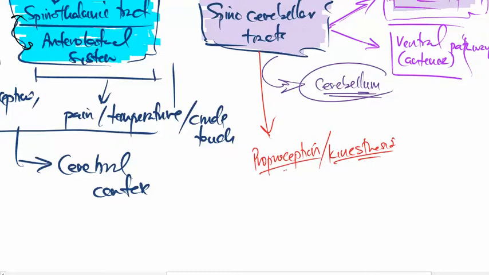I was a little confused exactly what she meant by kinesthesia, but I know kinesthetics means motion, so I'm thinking it has something to do with motion. But I'm not 100% sure.